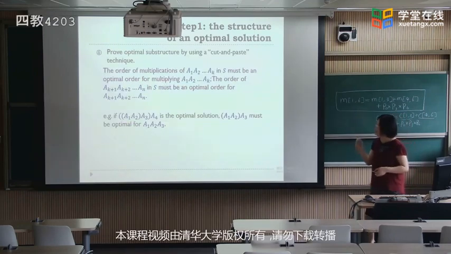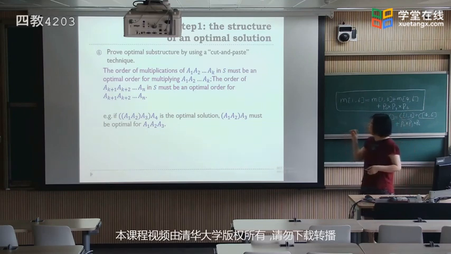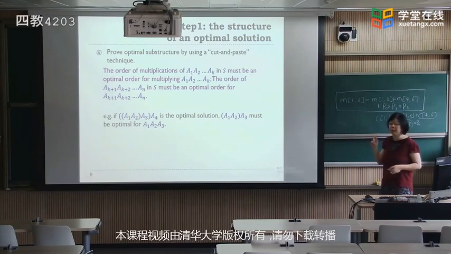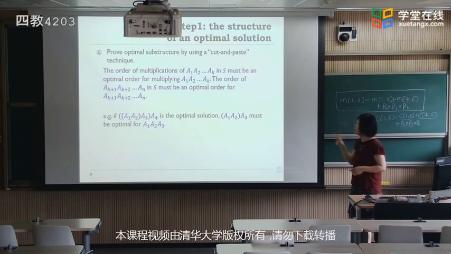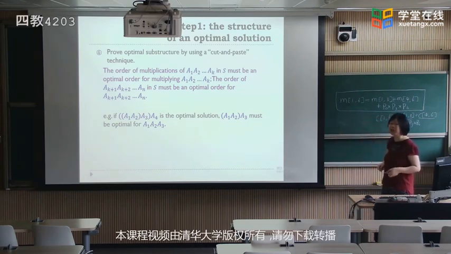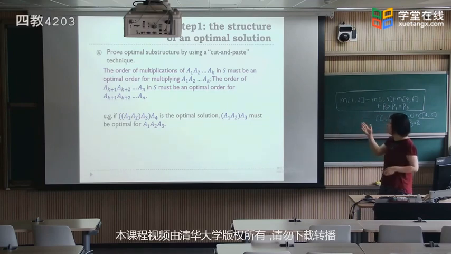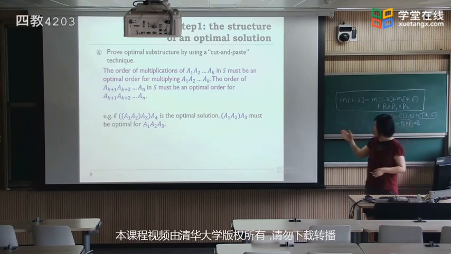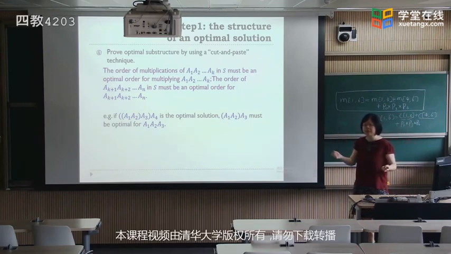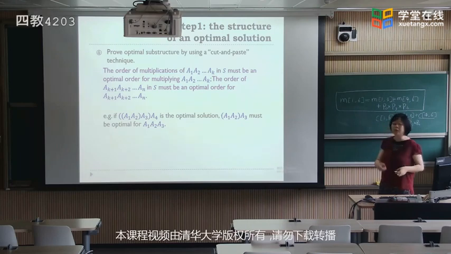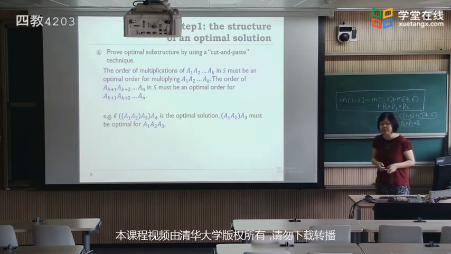And then you have to prove the optimal substructure property by using the cut and paste technique. And here, the optimal substructure property is that the order of multiplications of A1 to Ak in the optimal solution S must be the optimal order for multiplying these matrices. And similarly, the order of A k plus 1 to An in the optimal solution S must be an optimal order for multiplying these matrices.